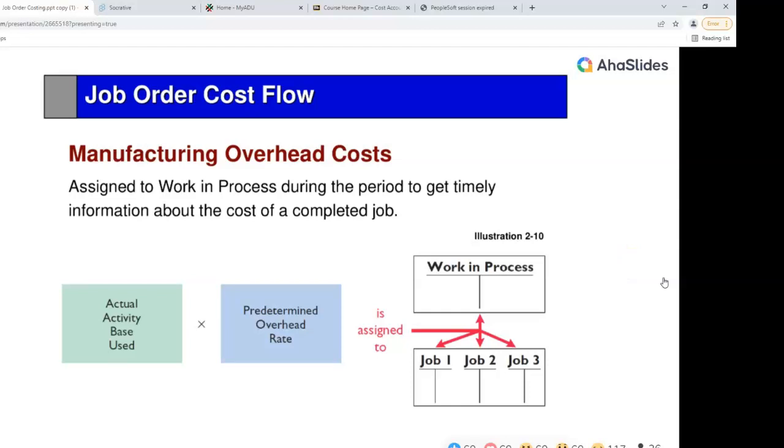So I take the annual activity base, I come up with a predetermined overhead rate, and then I look, let's assume it's direct labor cost, because on my job tickets, I have accumulated the cost of the direct labor for each job. So now I'm going to assign the overhead based on that cost, on the actual cost. It's a predetermined rate, which is an estimate, but it's assigned based on the actual use of the activity base, the denominator.